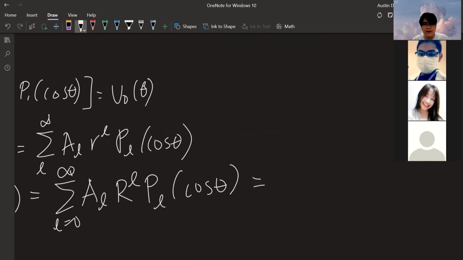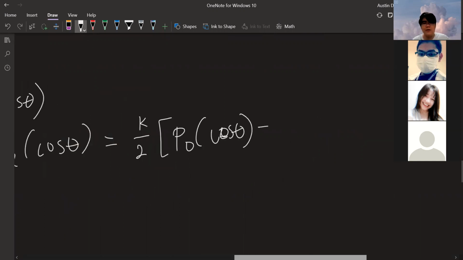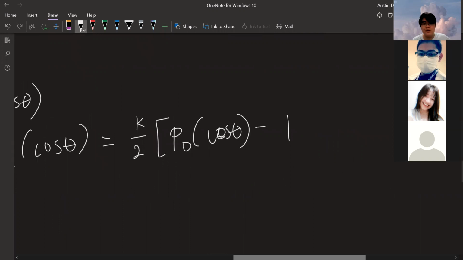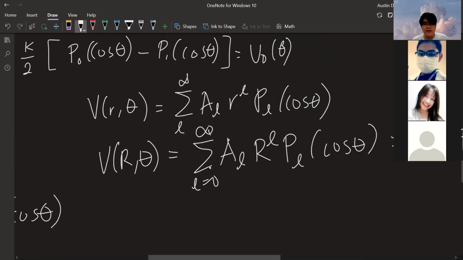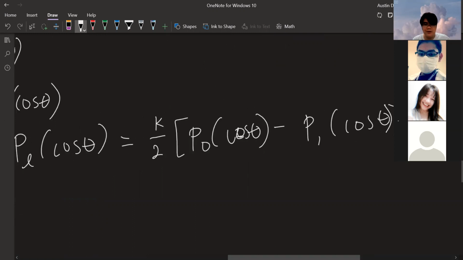So I write down V naught of theta, which is K over 2, P0 of cosine theta, plus joke, minus P1 of cosine theta. Okay? So we have an infinite sum on the left, and on the right, we have just P1 and P0.